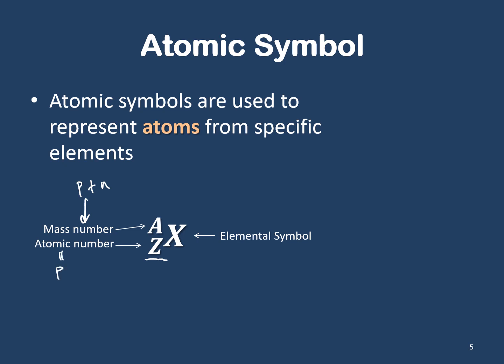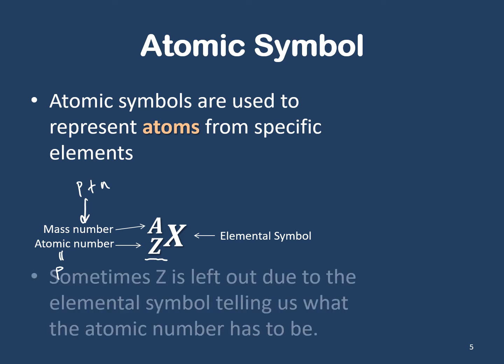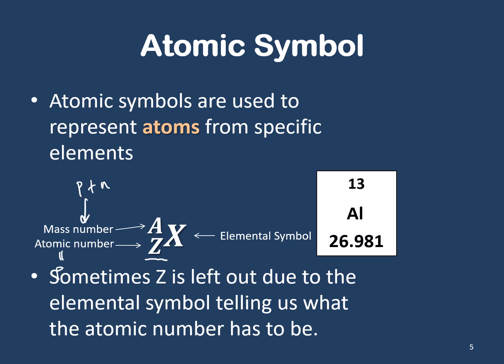We can find the atomic number in the periodic table symbol, or square, for that element. We leave out Z sometimes because if we know the element symbol, then we know its atomic number because they are always going to be the same for the same element. For instance, here's a periodic table square for aluminum.